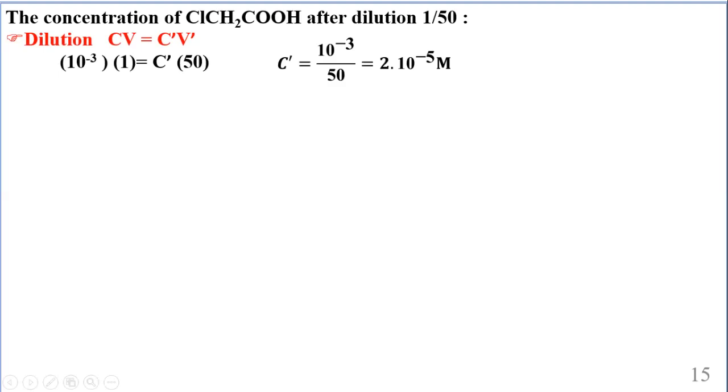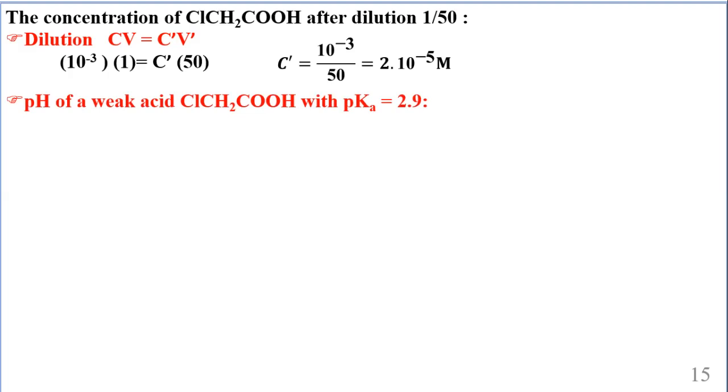So my new concentration will be 10 to the minus 3 divided by 50, which is 2 times 10 to the minus 5. Now, the first thing that would come to your mind is this is very low. That's fairly low, but not too low. It's still greater than 3 times 10 to the minus 7 for that number with strong acids.